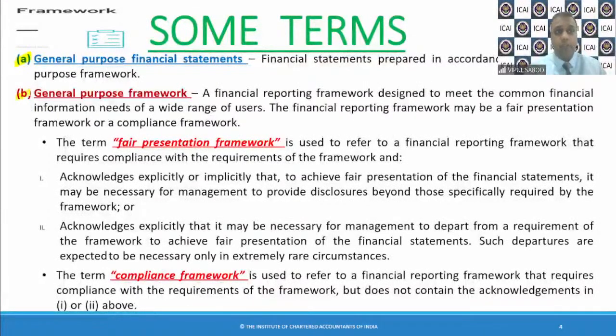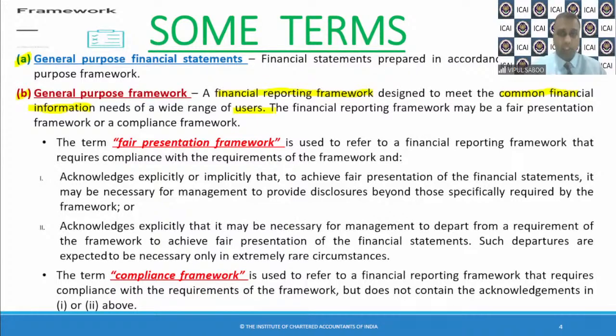General purpose framework is a financial reporting framework designed to meet the common financial information needs of a wide range of users.